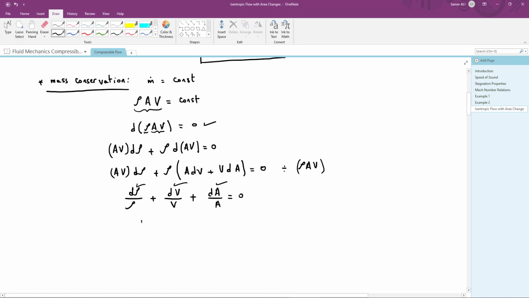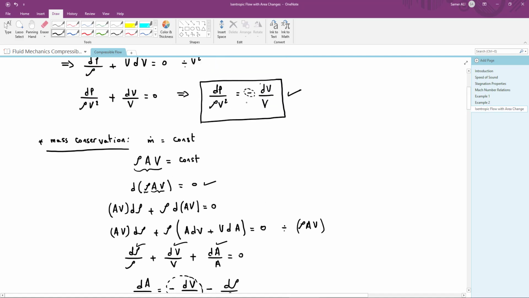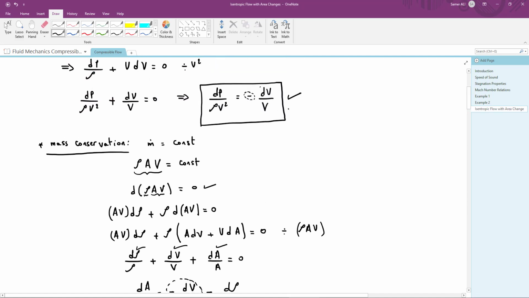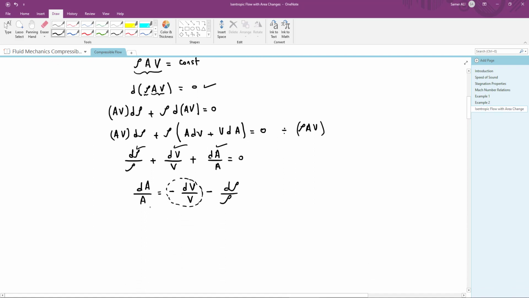So I will say that dA over A now will be equal to minus dV over V minus d rho over rho. So in fact, you can replace minus dV over V by dP over rho V square from this equation. So you will have dA over A is equal to dP over rho V square minus d rho over rho.